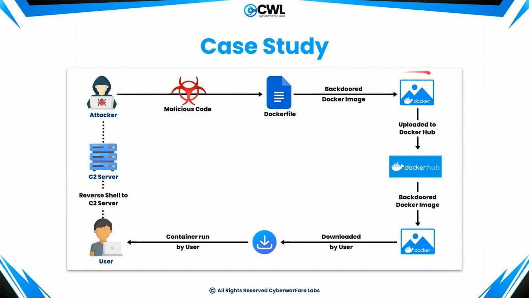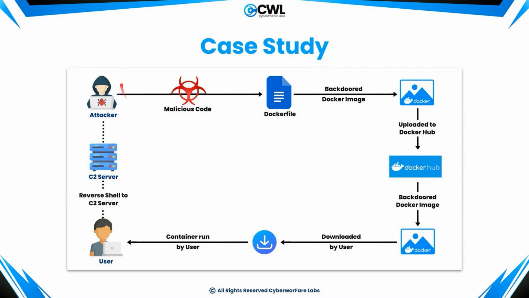Then they compile it to a Docker image like this, and this Docker image is uploaded to Docker Hub. This is the official location, just like GitHub but for Docker. Docker Hub contains all the information related to the images, and the backdoored Docker image is now uploaded here.